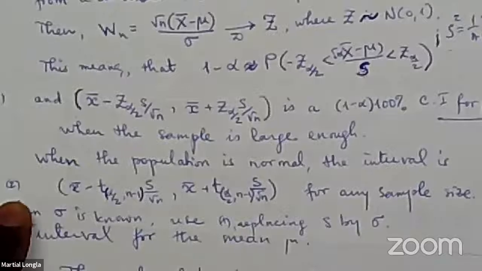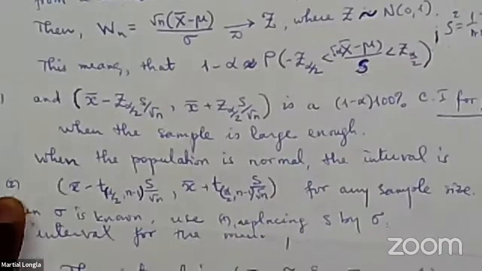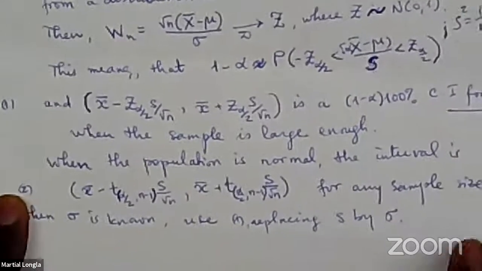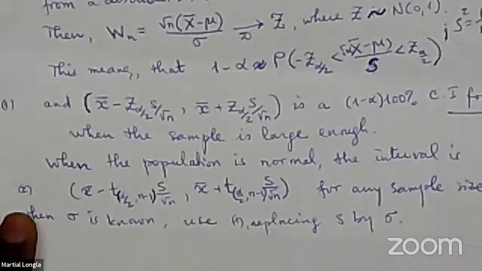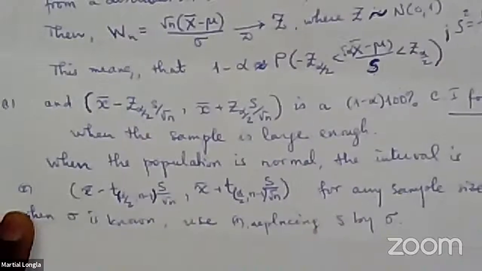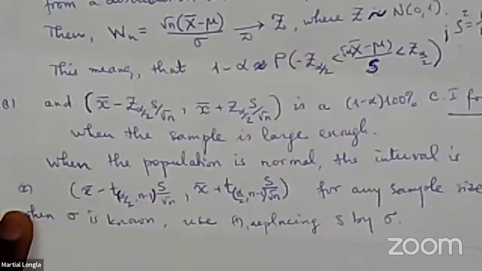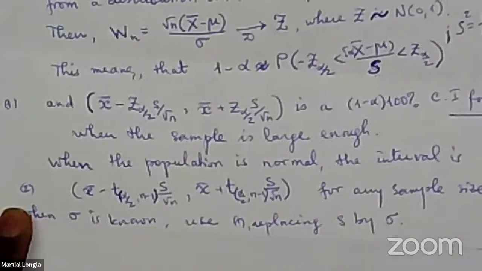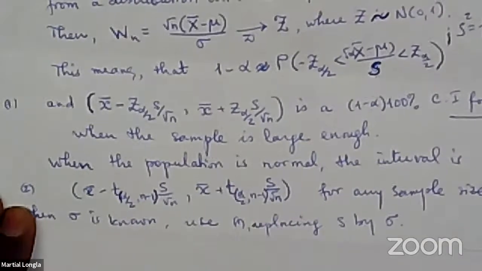Now, when we know that the population of interest, which means the observations x1, x2, all the way down to xn, come from the normal distribution, the problem changes because of the properties of the normal distribution.